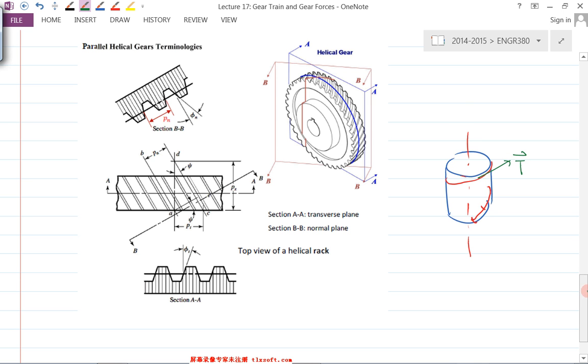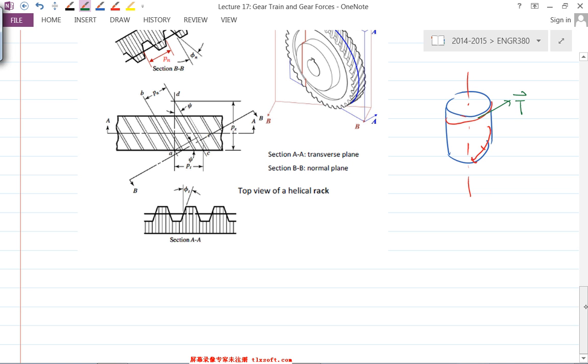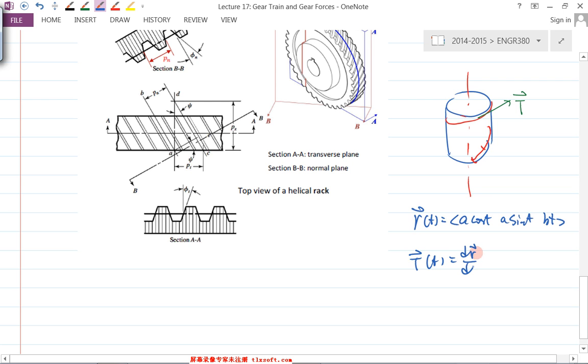If you're really interested, you can easily derive that. If you recall, the parametric equation for a helix is a cos t, a sin t, and bt. So if you only look at x or y, it's a circle, and in the z direction it goes up, right? You can calculate the tangent vector as dr over dt, the derivative.